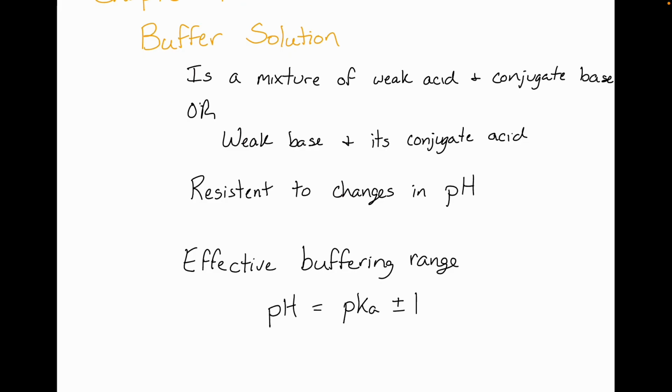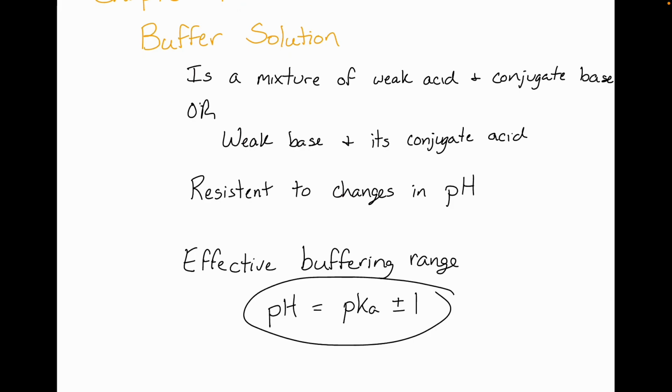Okay, so we have this table of our weak acids, and they all have these Ka values. And we talked about how we can find the pKa by taking the negative log. Why would we even bother to go through that step? It turns out to be a very convenient quantity, especially when you're talking about buffered solutions, because again, a buffer is only good when the pH is within plus or minus 1 unit of that pKa value.